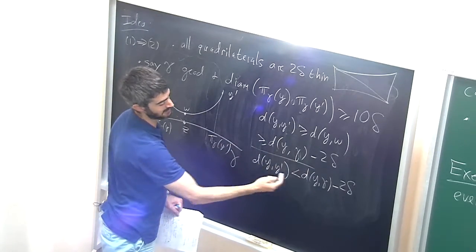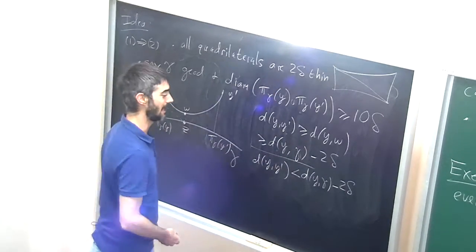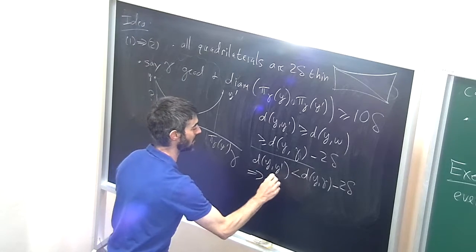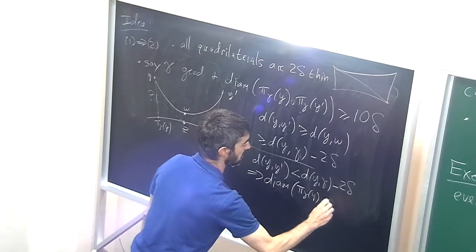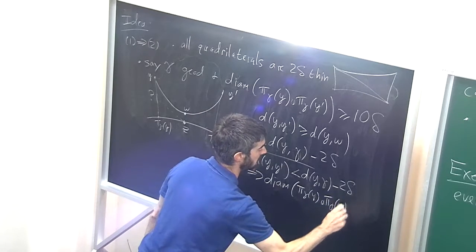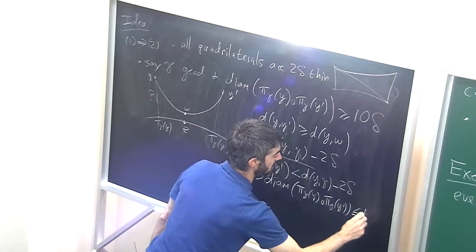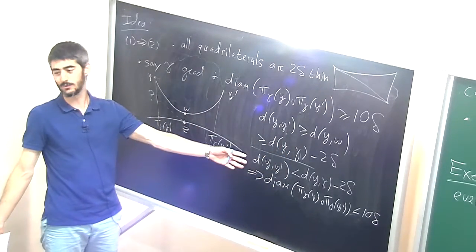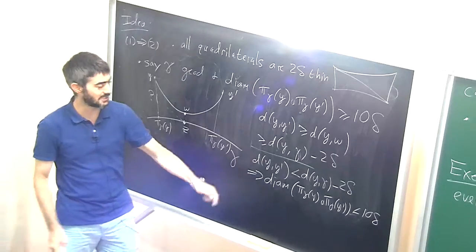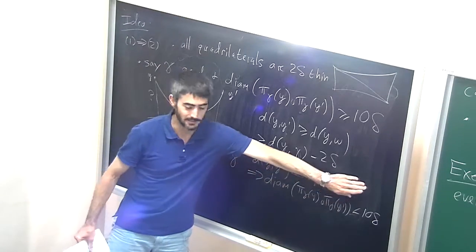So if that's not true, if it's less than that, then this assumption from before has to be wrong. So that implies the diameter is at most 10 delta. OK? And this is almost what we wanted, right? We just didn't want this 2 delta here.